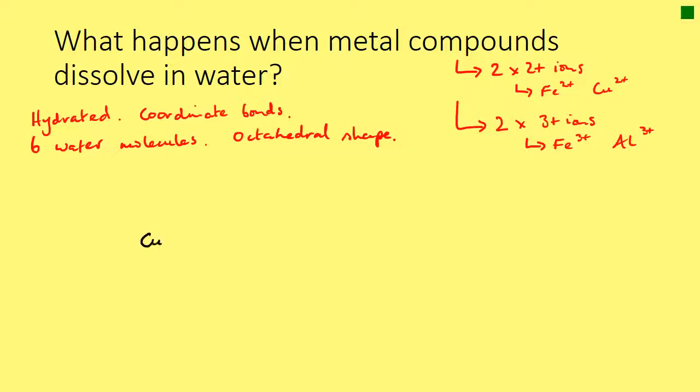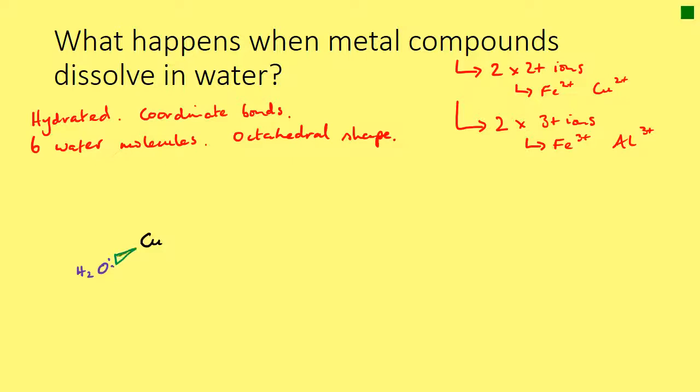So let's say we have a copper 2 plus ion that goes in the middle, and then we're going to have 6 water molecules. So let's draw our water molecules like this. We're going to have one of them here with its lone pair. I'm going to draw the water molecule like this, and that's the lone pair that forms the coordinate bond, and the coordinate bond is going into the page.